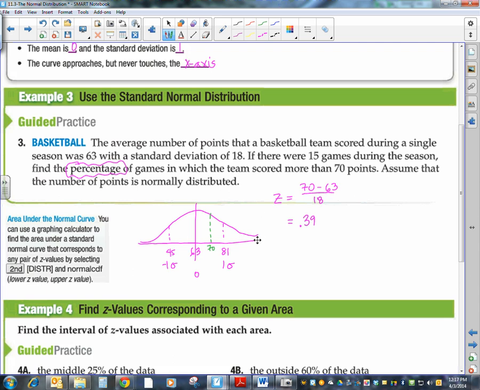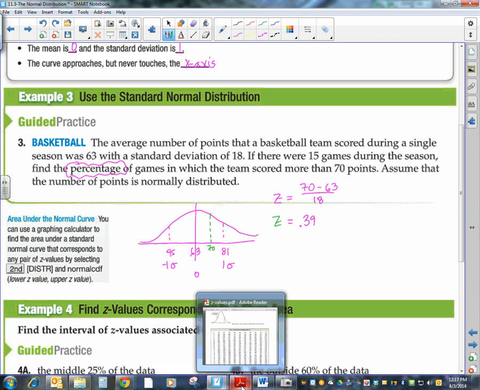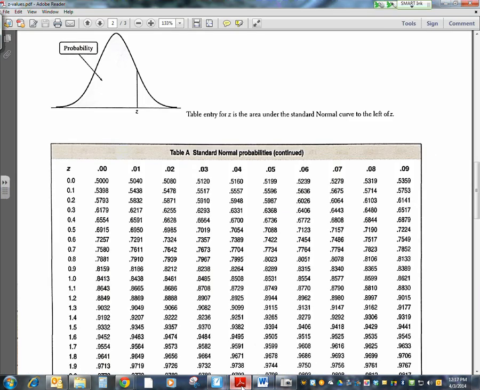Okay, and to find the probability, this is a z value. So you have something called a z table, z chart, and I'm going to show you how to use it with this problem, and then we're going to talk about how to do it on a calculator, so that if you don't have it, you can do it either way. But on a z table, these outside ones are giving you the columns, these are giving you the rows, those are your z values.